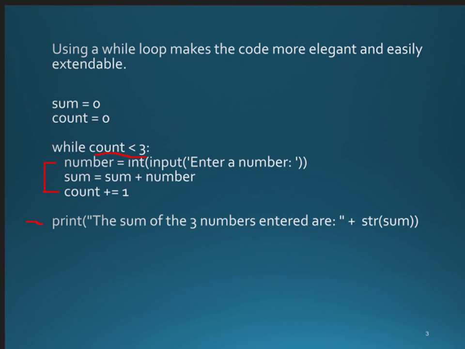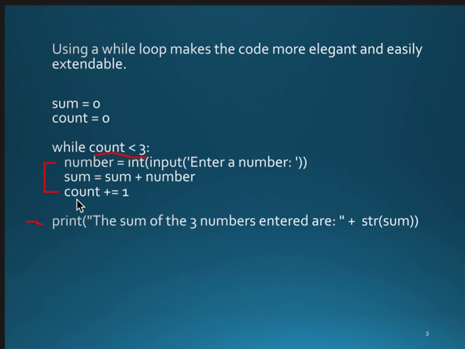One thing to really take good care of when you're creating a while loop is, first of all, you make sure that the condition is correct. The condition right here is correct. You have the right condition. And whatever variables are involved in this condition, you have to make sure they are somehow updated in the loop.